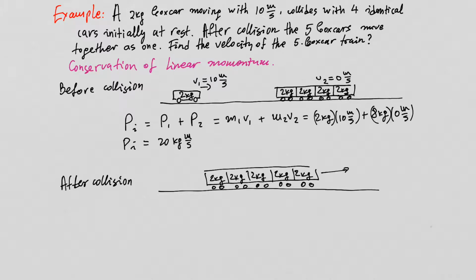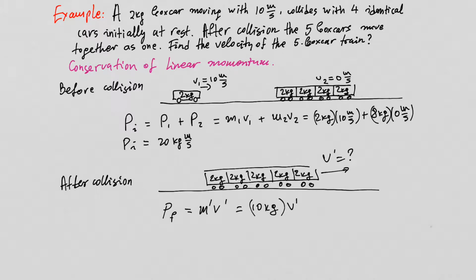The velocity with which they are moving, let's call it v prime, is what we are looking for. So the final momentum of the system is simply equal to the mass, let's call it m prime, times v prime. So m prime is the total mass of the 5 boxcars. So this is 10 kilograms. And then the velocity is v prime, and we want to find it.